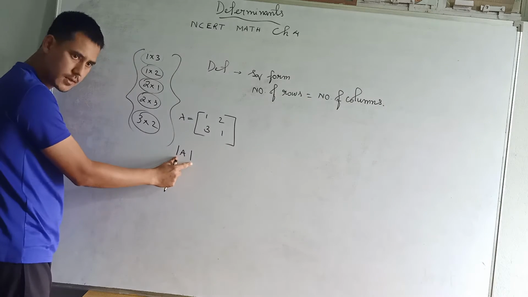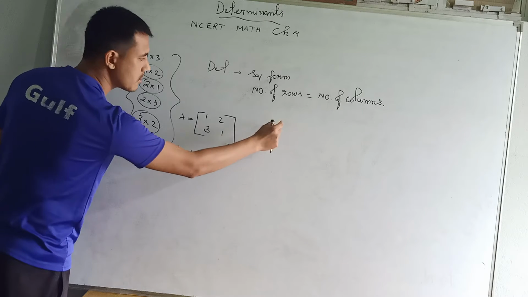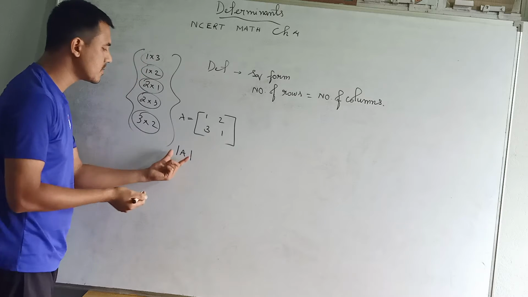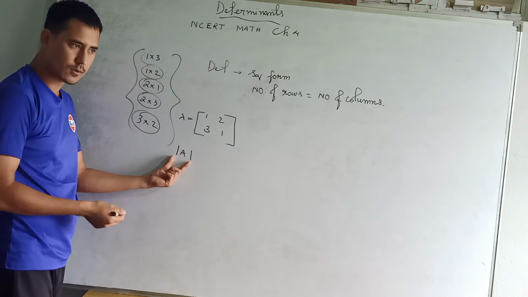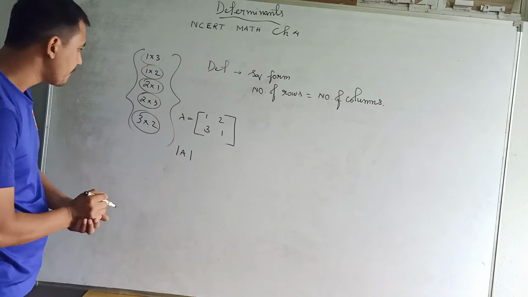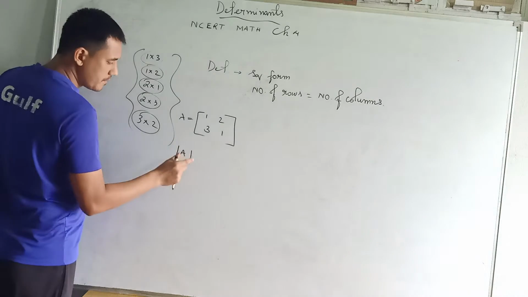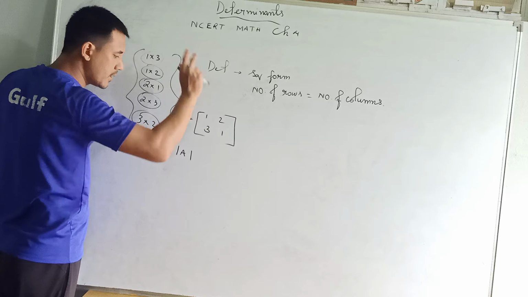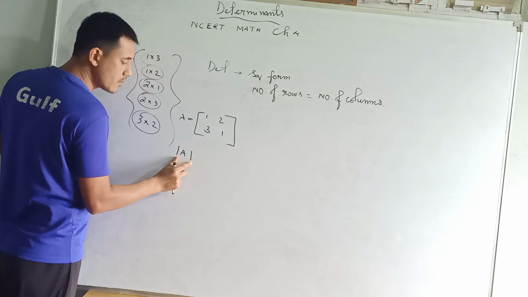It's not a modulus, okay? Modulus is also represented by 2 vertical lines, but this doesn't mean that it's a modulus. The modulus function is different.